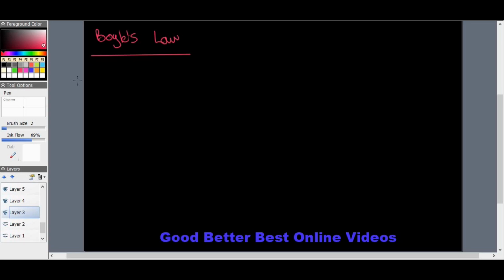Now, what does Boyle's Law state? Firstly, he measured what I just mentioned, volume versus pressure of a gas, which we can have a look at with a graph. But before we get there, let's first look at the definition.